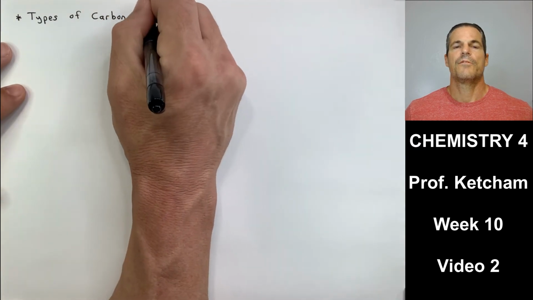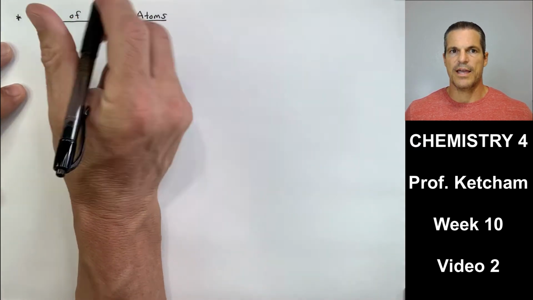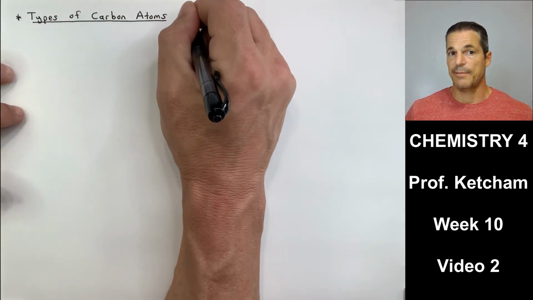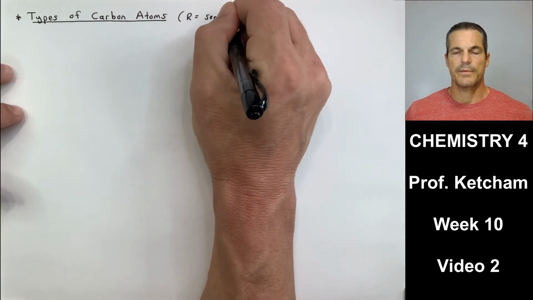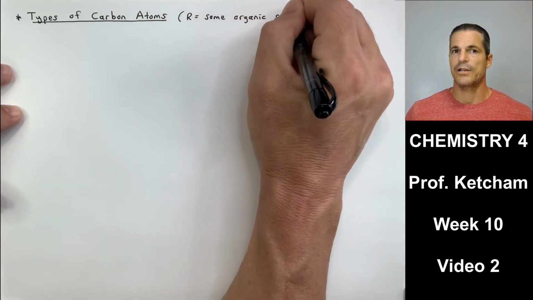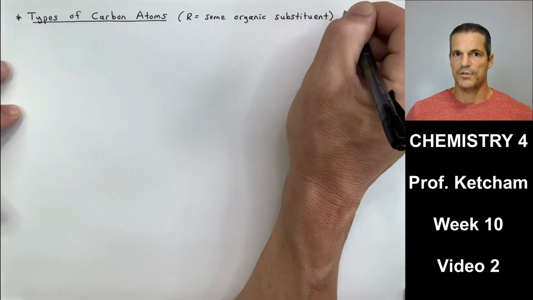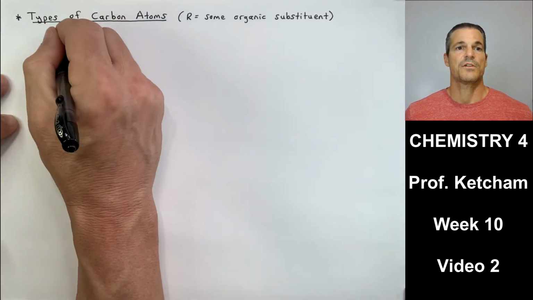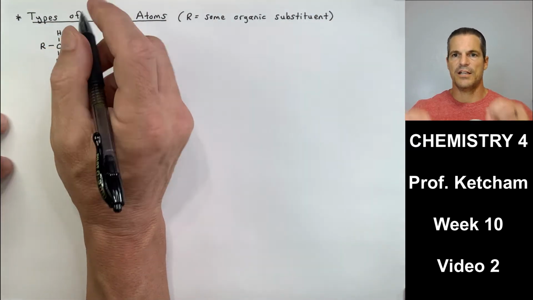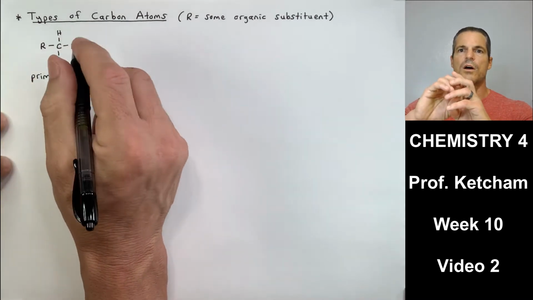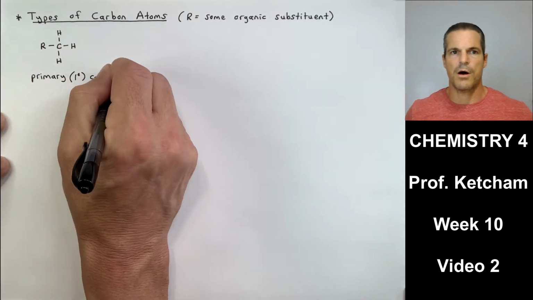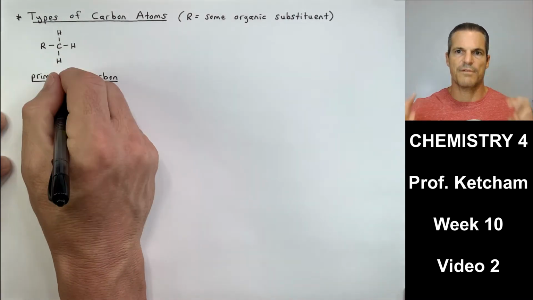All right, before I get to the rules for naming, I have one more thing to talk about, and that's the types of carbon atoms. Carbon atoms can be primary, secondary, tertiary, or quaternary. So what the heck does this mean? First of all, the R just means any giant or small carbon remainder of the molecule. So R is like remainder of the molecule.